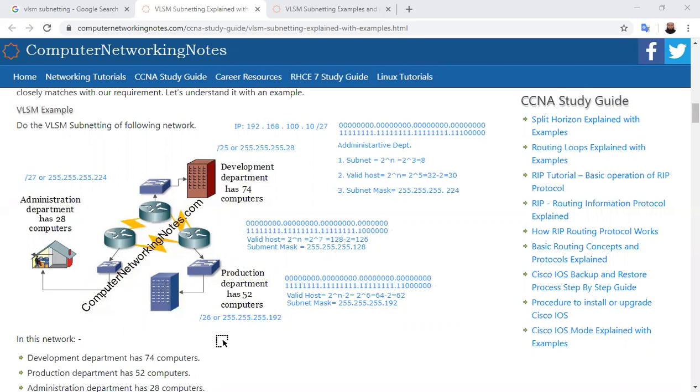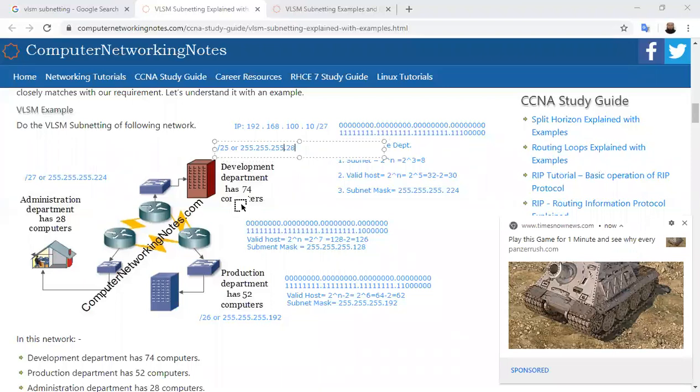Now I'm going to explain what is the difference. I already explained the difference between variable length subnet mask and fixed length subnet mask. Shown over there, the subnet is different, and also the subnet mask is different. In here, the subnet is slash 27, and the subnet mask is 255.255.255.224. In here, actually it will be 128.